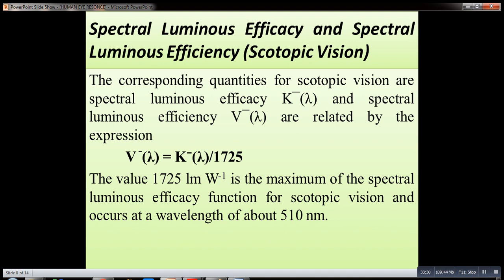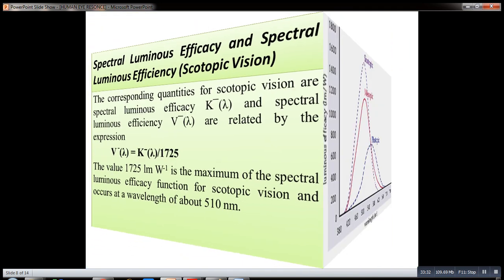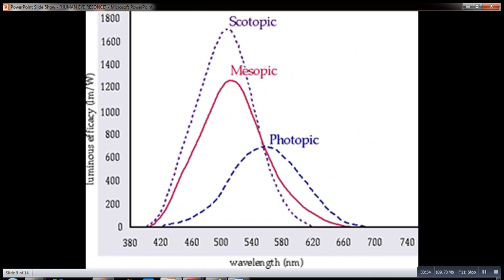This figure represents the regions of human perception, or the sensitivity of human perception, in the visible spectrum. This figure represents the luminous efficacy of the human eye.